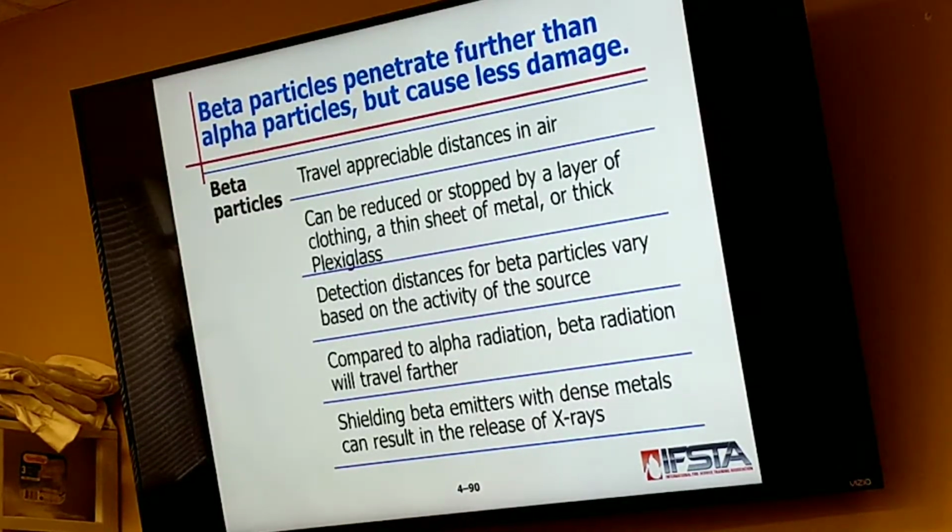Beta emitters are generally more hazardous when inhaled or ingested. They travel distances in the air but can be reduced or stopped by a layer of clothing.